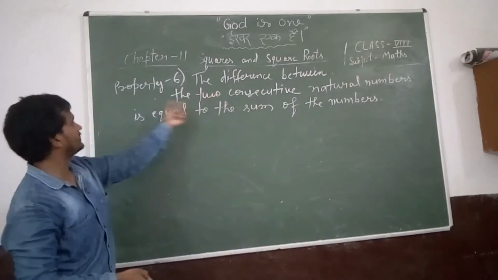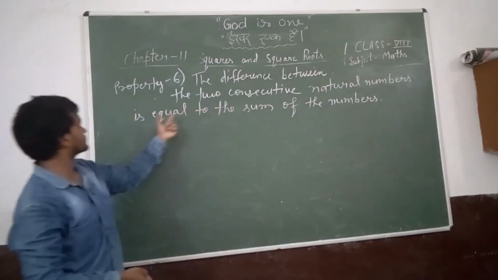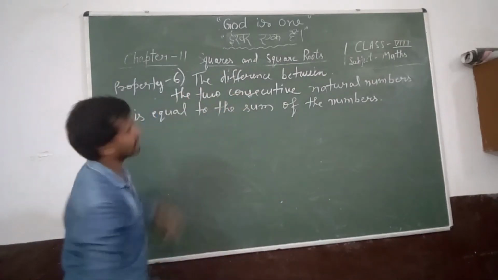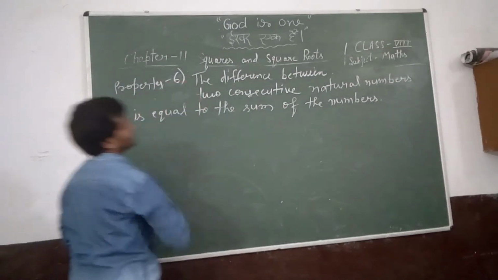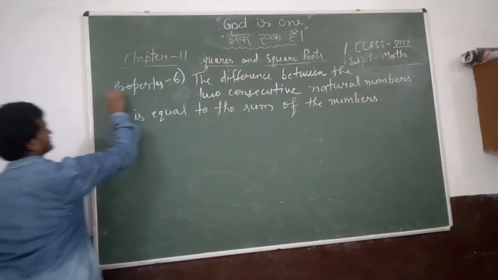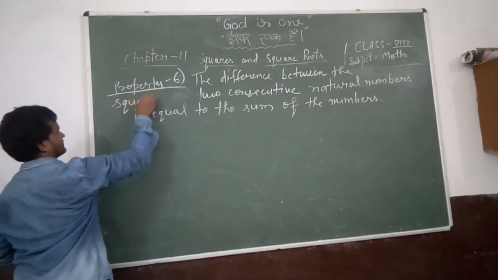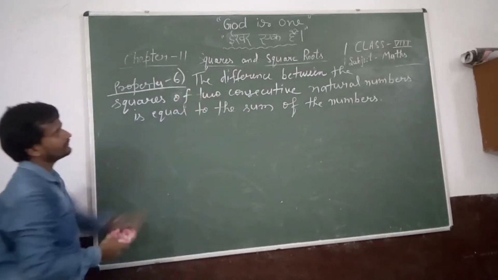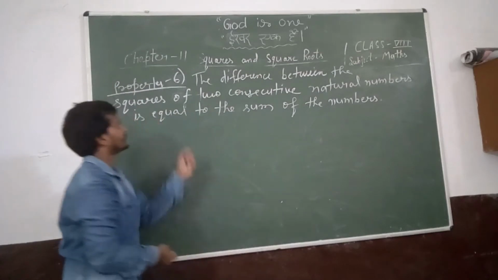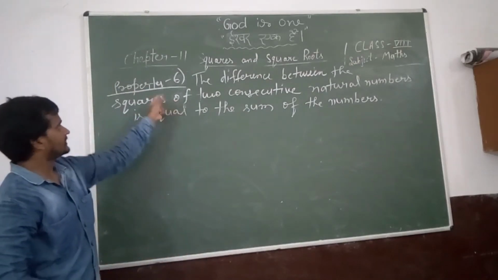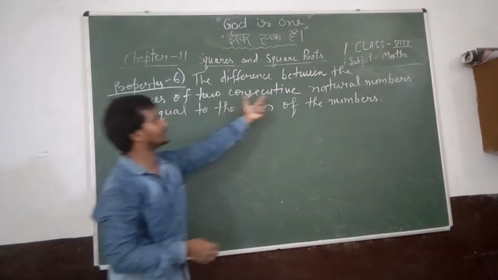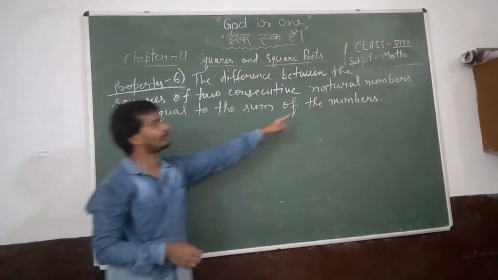The difference between the squares of two consecutive natural numbers, means one after other, is equal to the sum of the numbers.